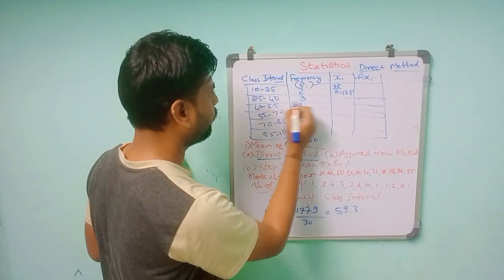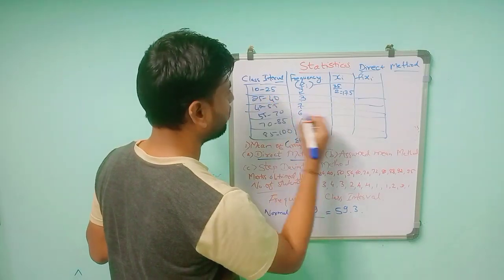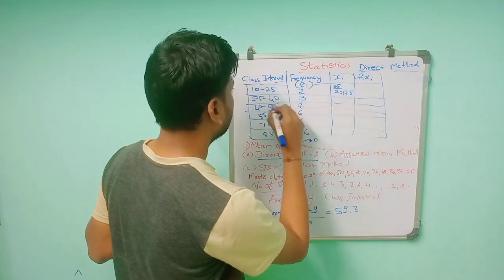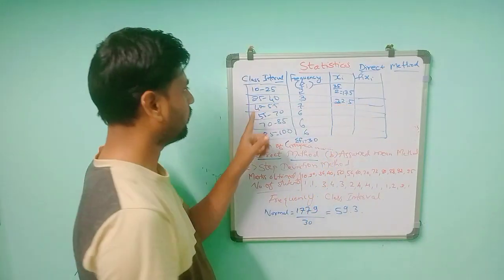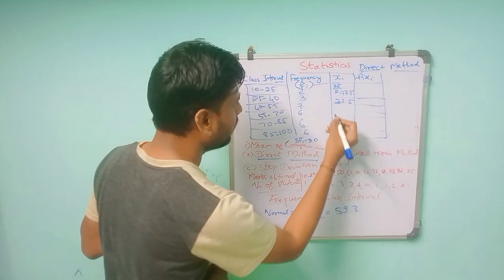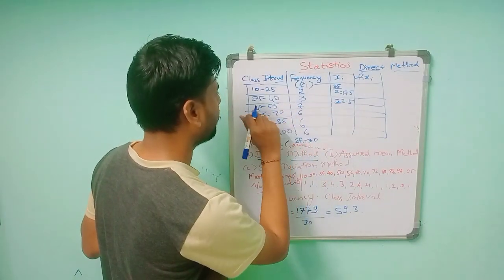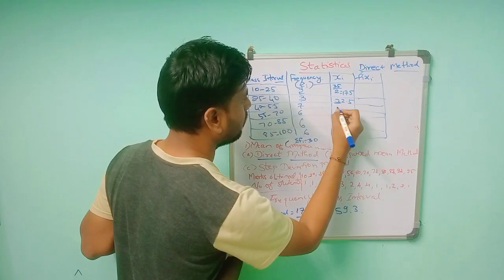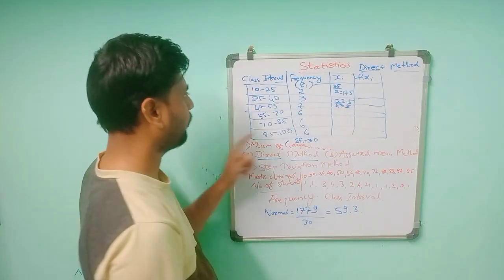Like that, 25 to 40: 40 plus 25, 65, so 32.5. Like that 40 to 55: 55 plus 40 is 95, by 2 is 47.5.